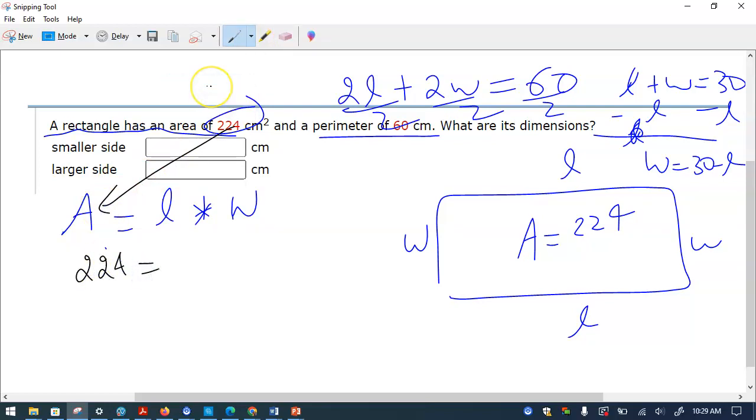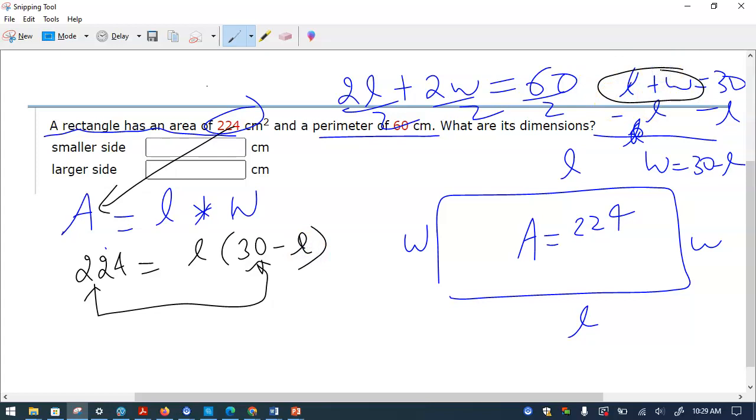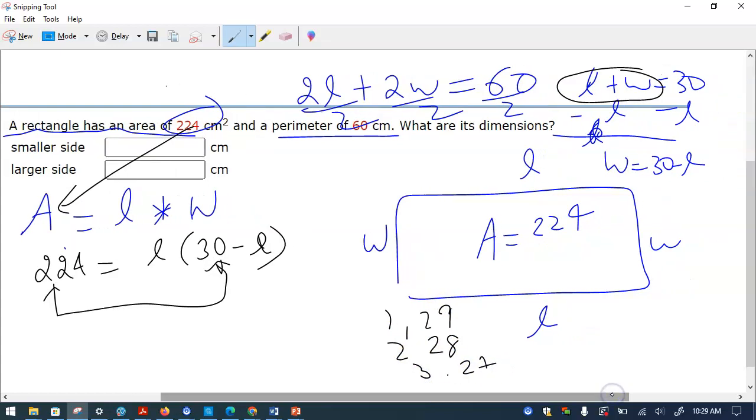And the right side is length L multiplied by 30 minus L. Now you can use trial and error also and see, hey, they both have to add up to 30, right? So is it 1 and 29 or 2 and 28 or 3, this is one way to check. And when you multiply, you have to get 224.